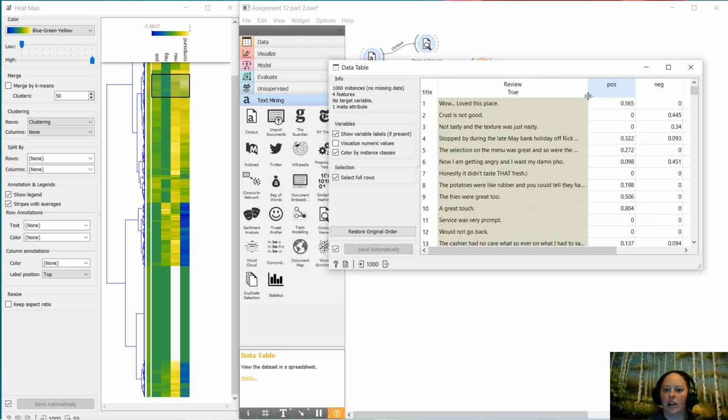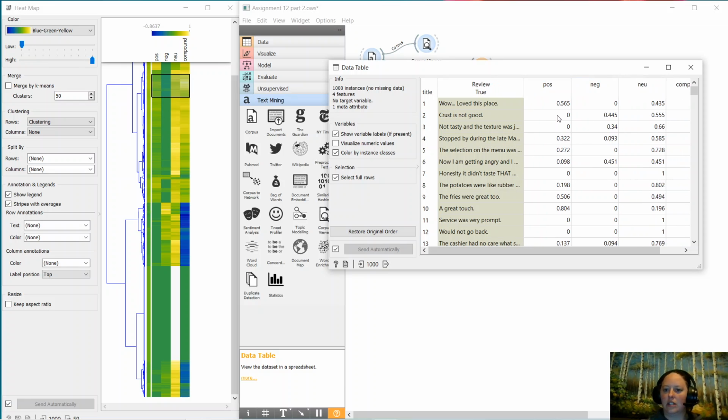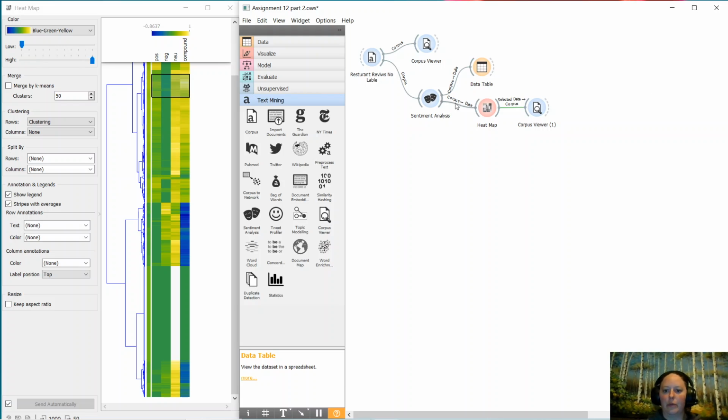On the next one, "the crust is not good," it's really surprising, but it shows that this is a positive 0. The "not good" is negative. It is 0.5 neutrally negative, and so it's going to be a 0.34, or 34.12% negative comment.